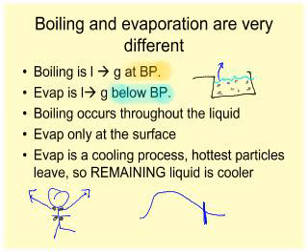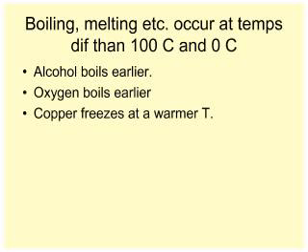If something is taking away heat from you, that's making you cooler. That means you get to survive. If it doesn't take the hottest particles away, you overheat, the heat stays with you, and you are one hot, overheated, passed out, dying person.